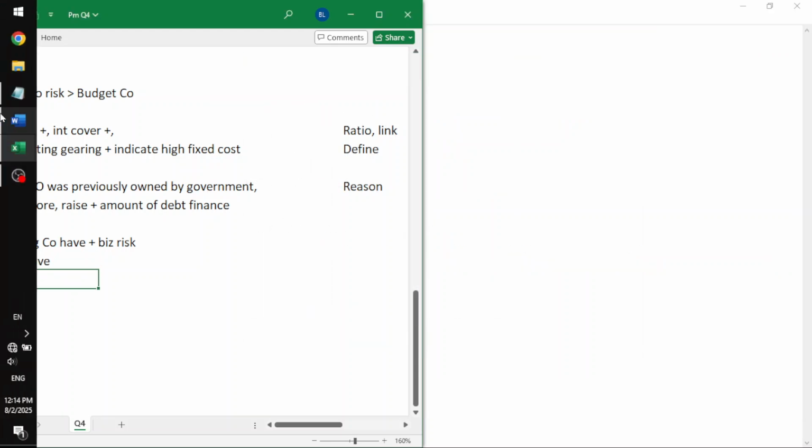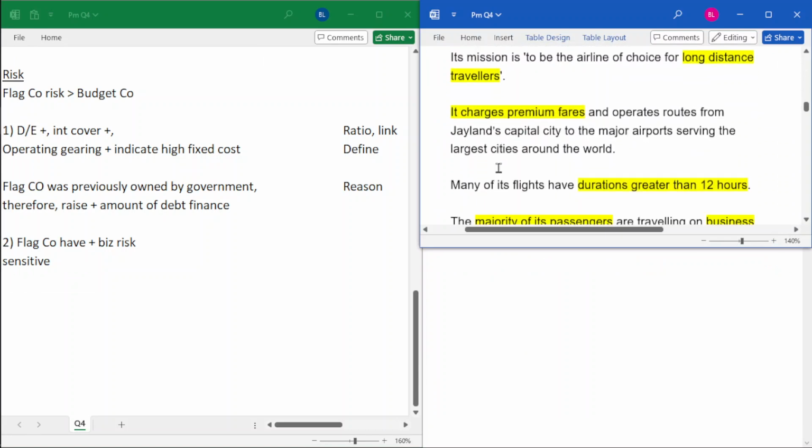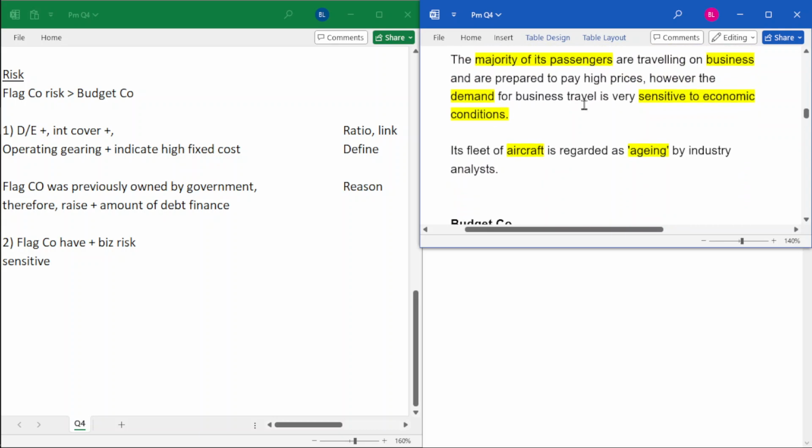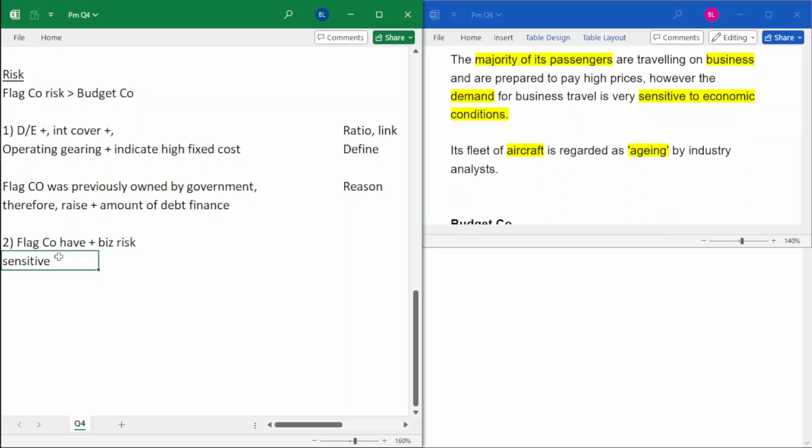Demand is sensitive to economic conditions.